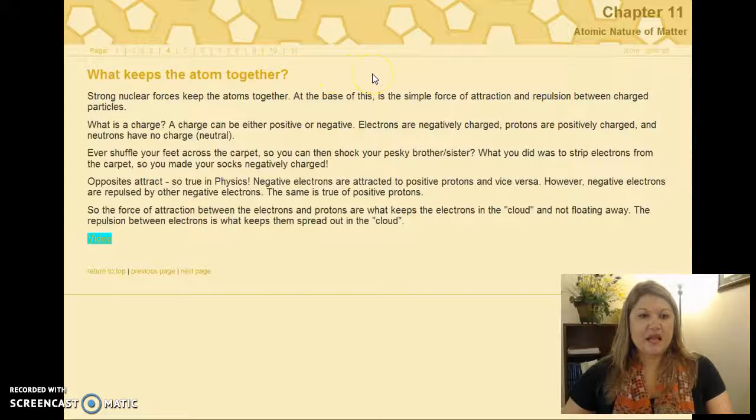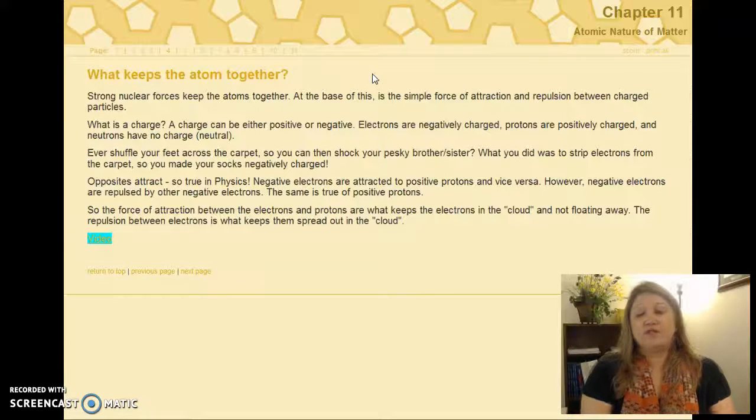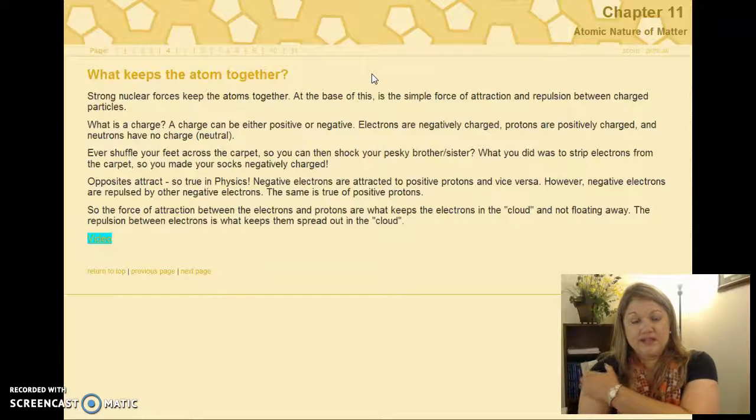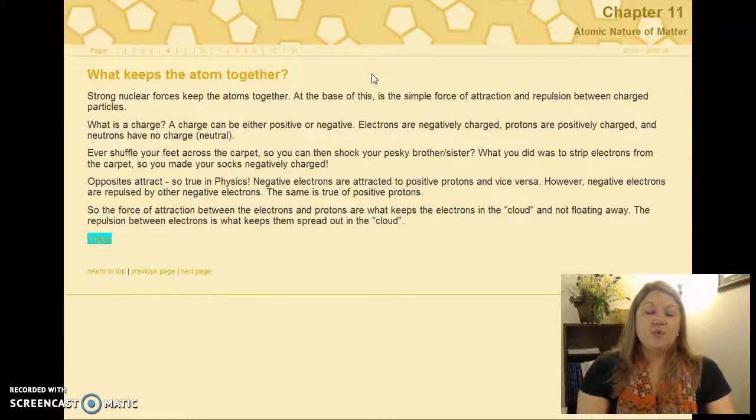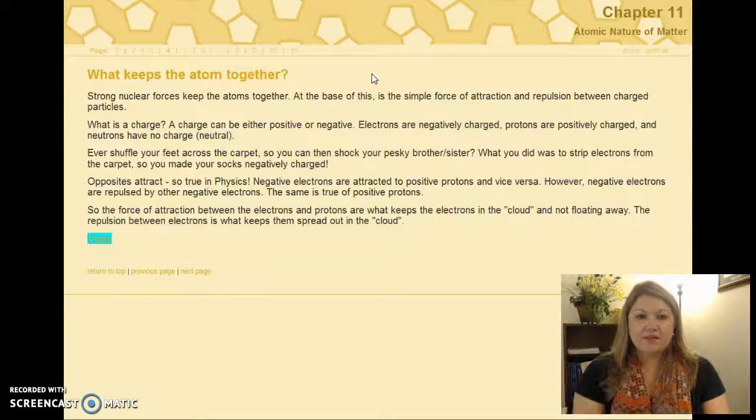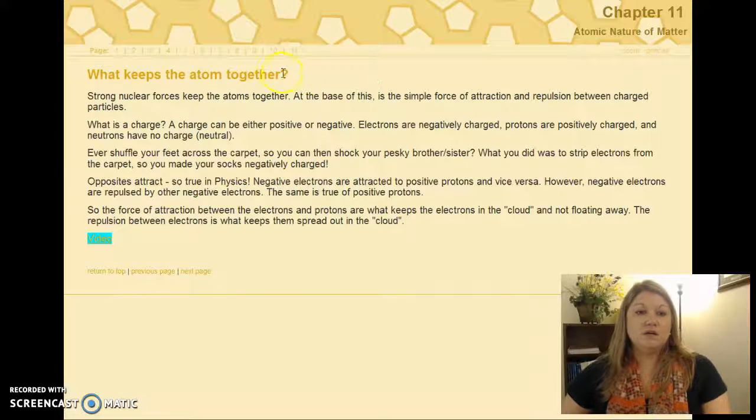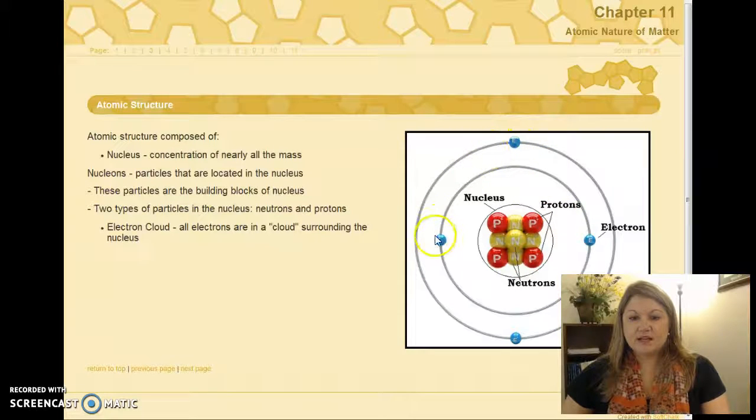Now what keeps that atom all together? Well, there are strong nuclear forces at work that hold that nucleus together. But what holds the electron cloud out there is the basic force of attraction. You ever heard the old saying, opposites attract? That's so true in physics. If I flash back to this picture, all these electrons out here have a negative charge.